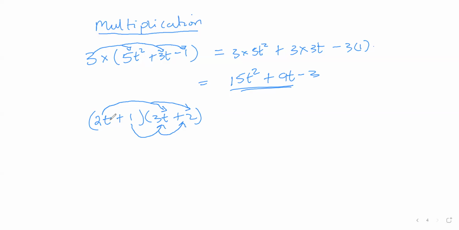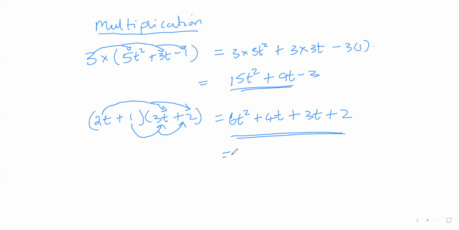So I take 2t, multiply each of the terms in there, plus 1 times each of the terms in there, adding up the answers I get. So in this case, 2t times 3t will become 6t squared, plus 2t times 2 will become 4t, plus 1 times 3t, 3t, plus 1 times 2, 2. Okay, and that is my solution.